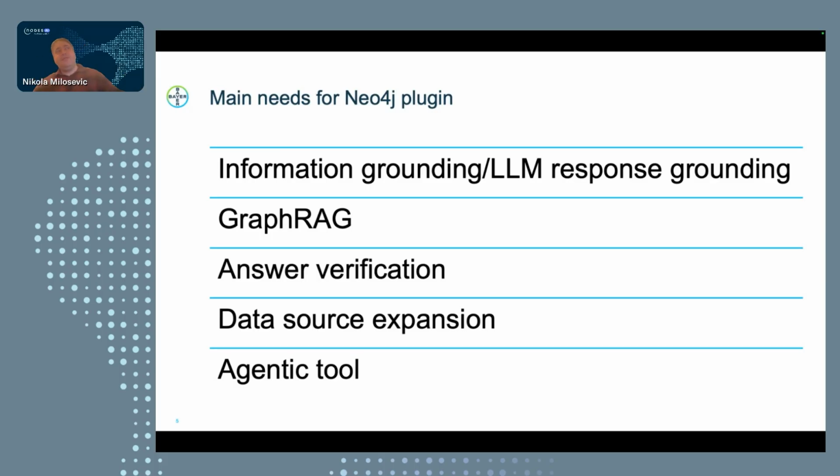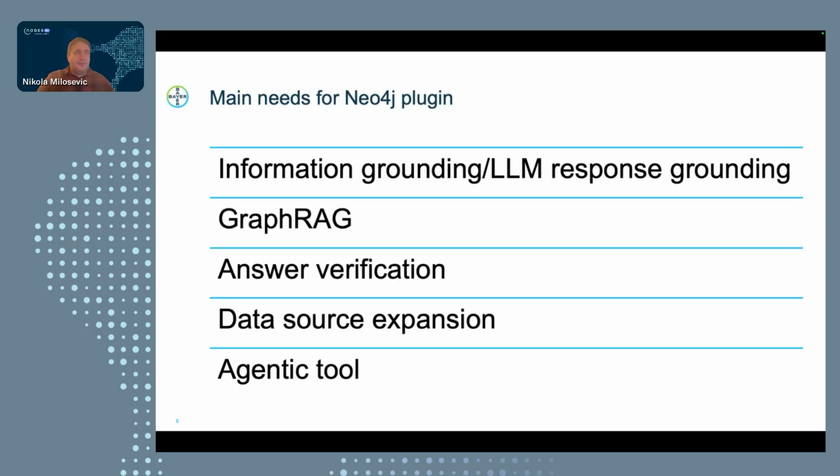And then if you extrapolate, what would be the further needs of having Neo4j plugins? Basically there's a lot of need for grounding information. You want the LLM to not hallucinate, to base the responses on something, whether it's literature or something structured. In a structured sense, for us, the integration was done on Neo4j.